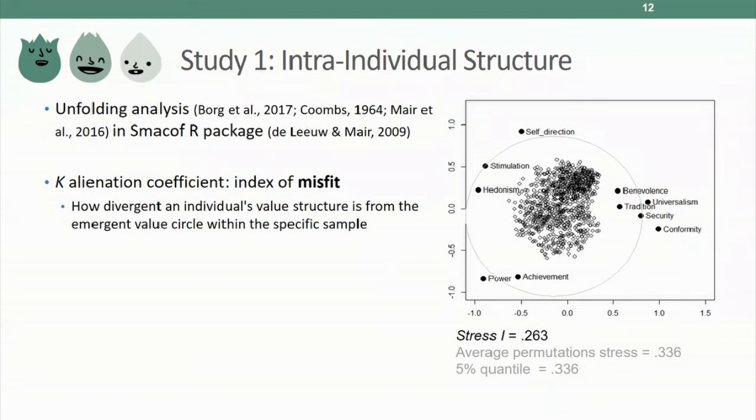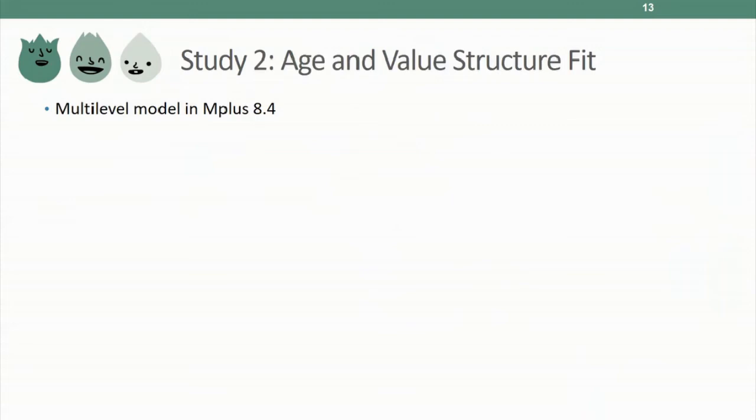If people were perfectly represented by the structure, the K would have been 0. The K would have been very low. If people are not well represented by the structure, their K is higher. And basically, we wanted to ask, what is the association between K and age?